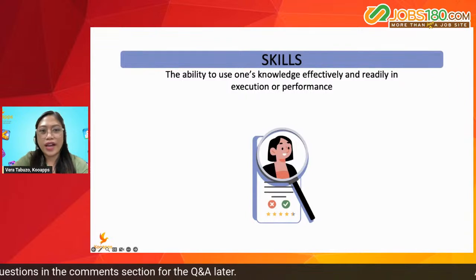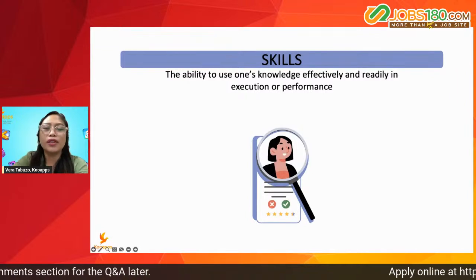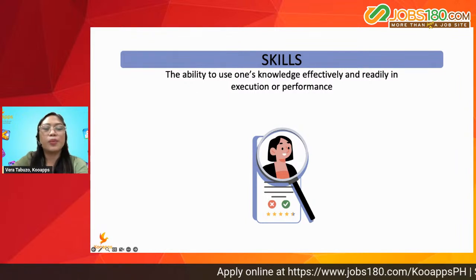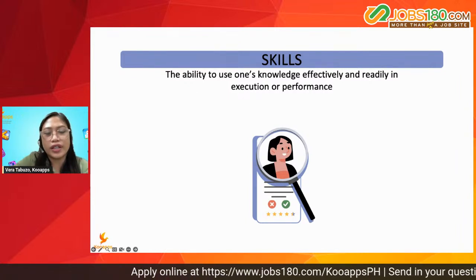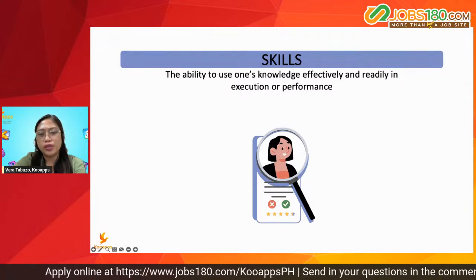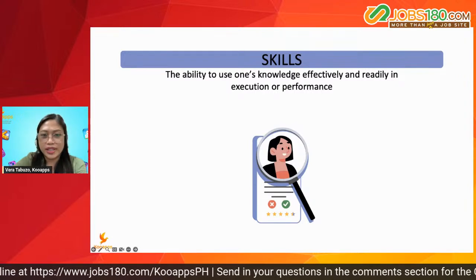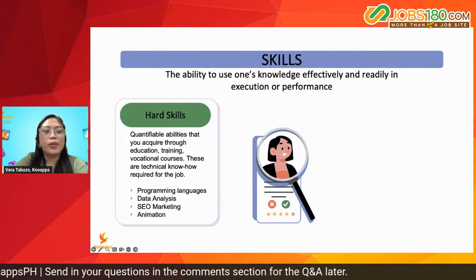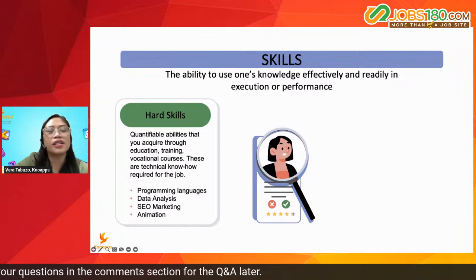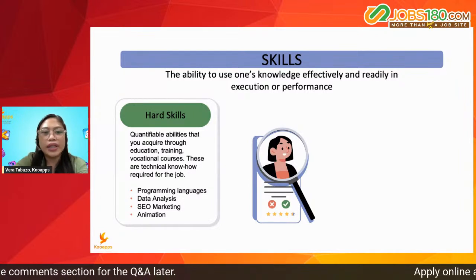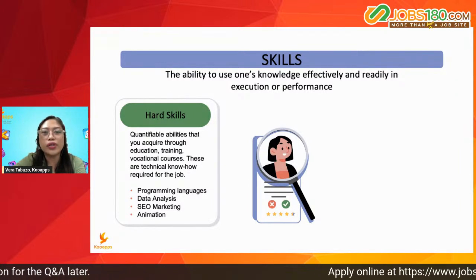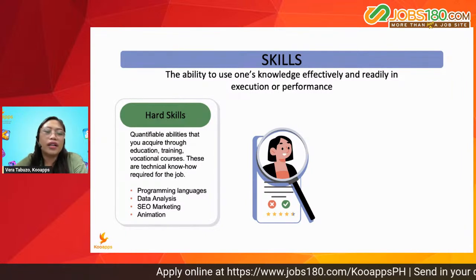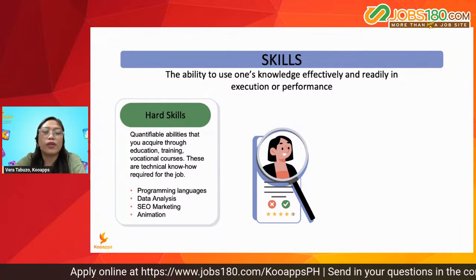All right, so let's define skills. Based on the Merriam-Webster dictionary, skill is defined as the ability to use one's knowledge effectively and readily in execution or performance. And there are two types. First, you have the hard skills, which are the quantifiable abilities that you acquire through education, training, and vocational courses, and these are the technical know-how required for the job.